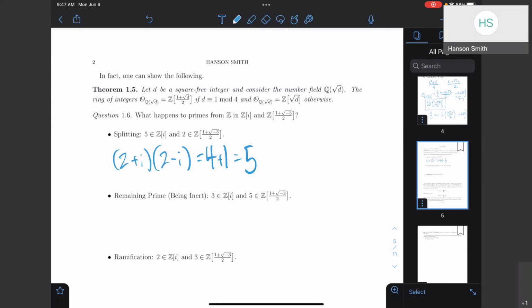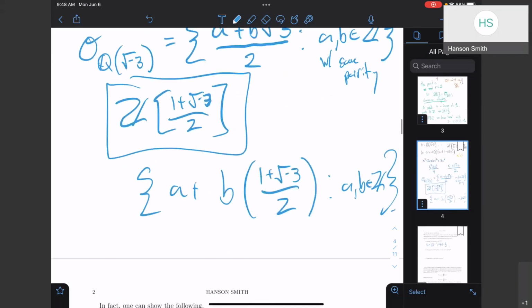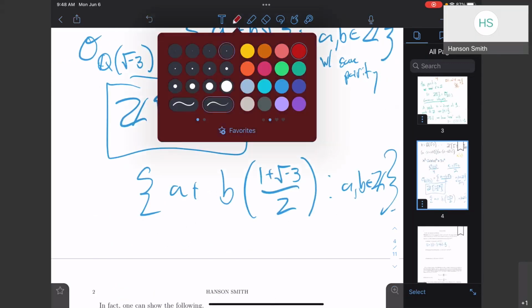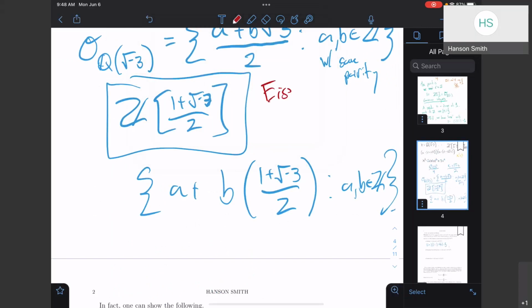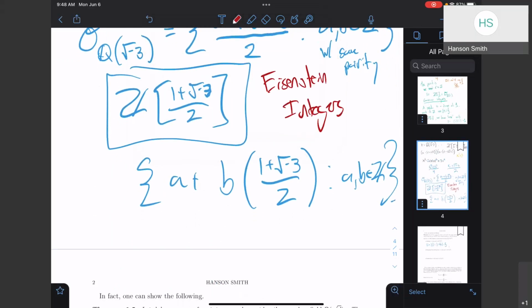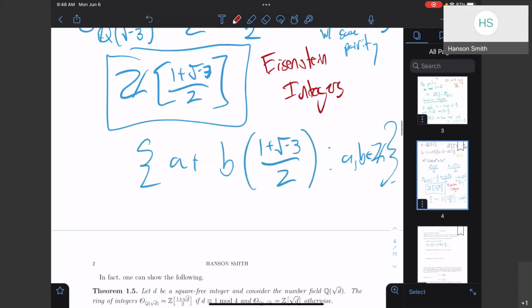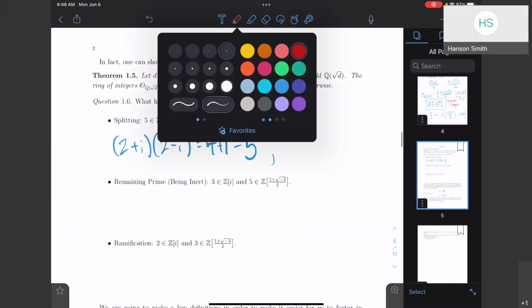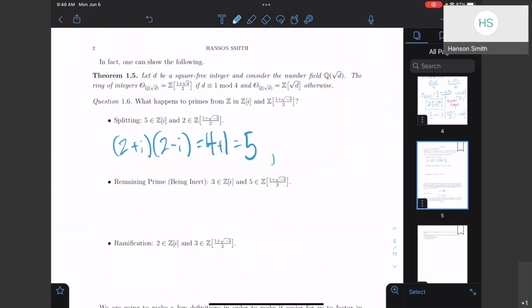Let's see, 2 in, and I should note, actually, these are called the Eisenstein integers, after Eisenstein. Really tragic story, Eisenstein. I believe he died before the age of 30, but made a lot of contributions to mathematics in his few years, which makes me feel like I haven't done too much.